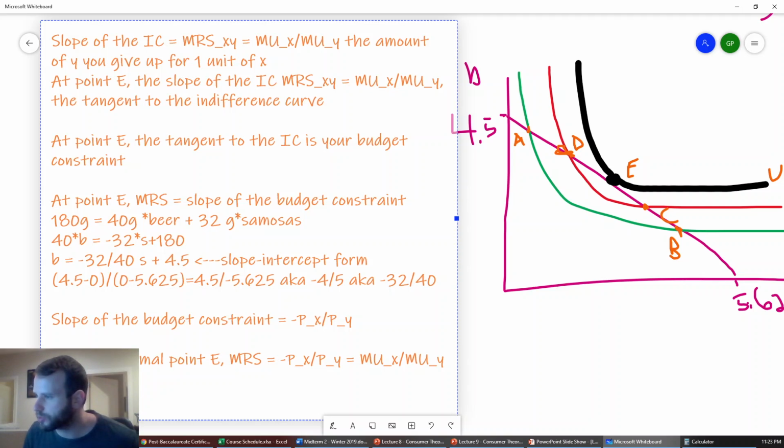So we have this relationship: your negative prices divided by your marginal utilities.